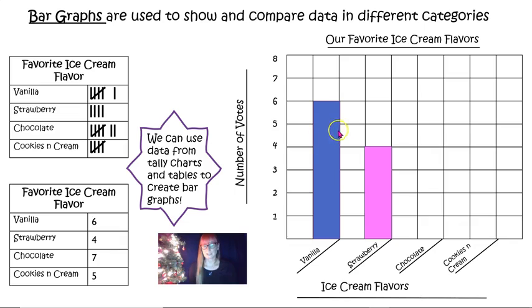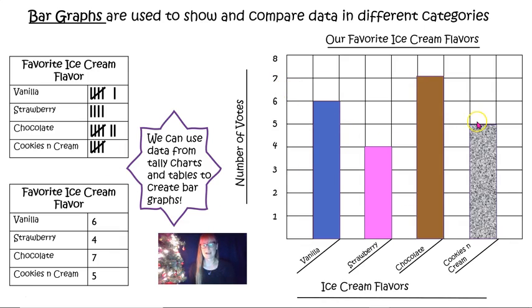For chocolate, there were 7 people, so I'm going to make sure that my bar goes to 7. And for cookies and cream, I had 5 people. Now that this has been graphed, I can look at this to see that more people liked chocolate than any other flavor, and that strawberry was the least popular.